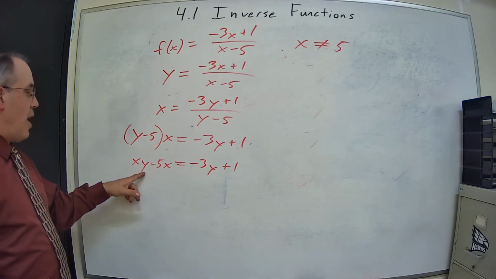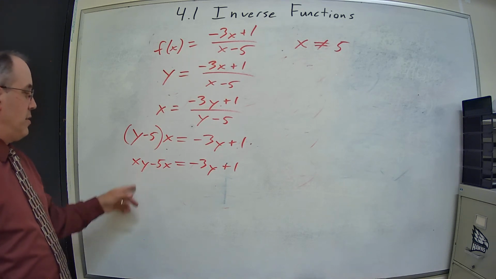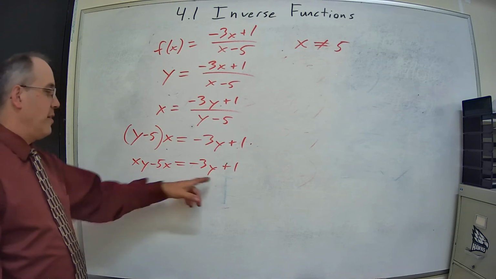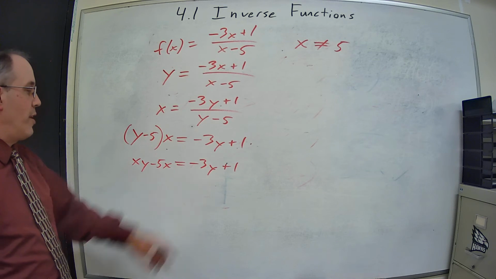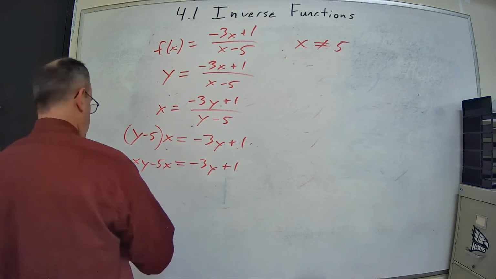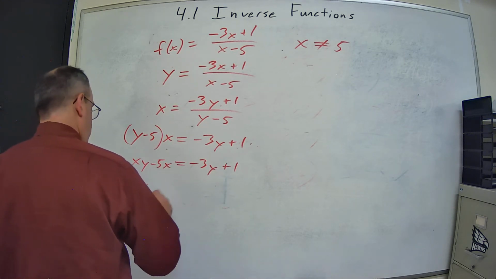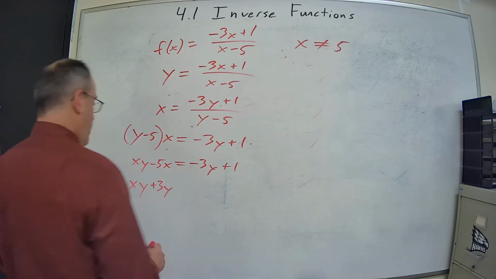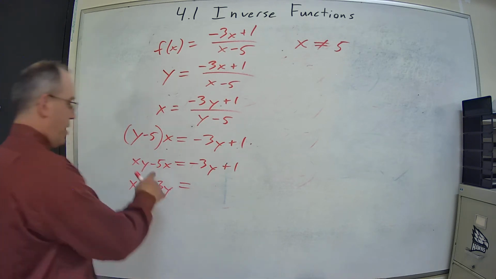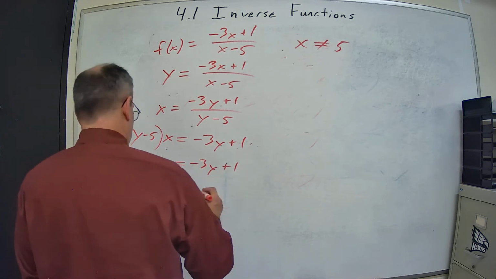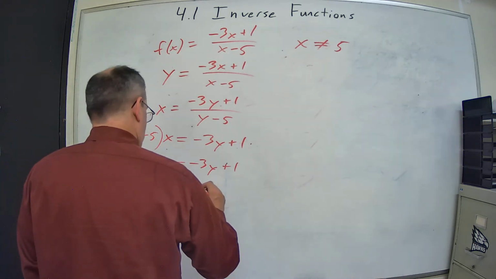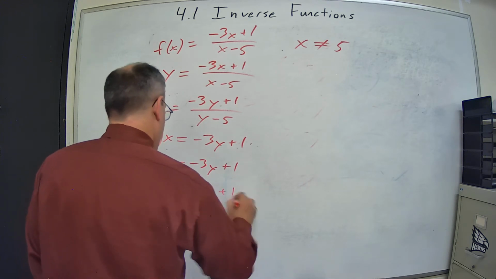I want to get this y by itself, and so I'm going to combine like terms here, right? I've got this xy and this -3y over here, so I'm going to add 3y to both sides. xy + 3y is equal to, I'm going to get this 5x over there, so I'm going to add 5x to both sides, is equal to 5x + 1.